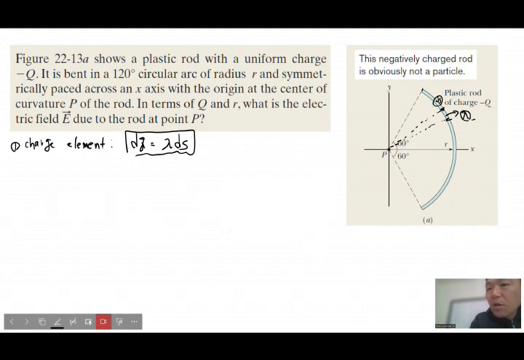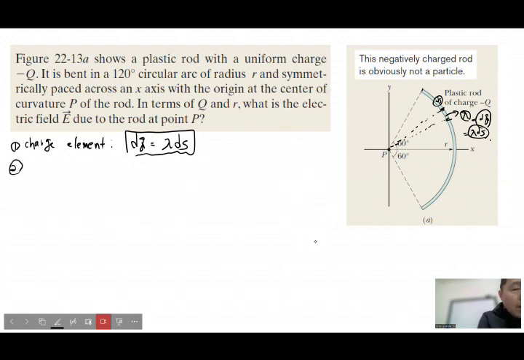So the charge should be lambda times ds, the fractional charge out of this arc. The total charge is minus q, so if you integrate this dq along this arc, that should be minus q.